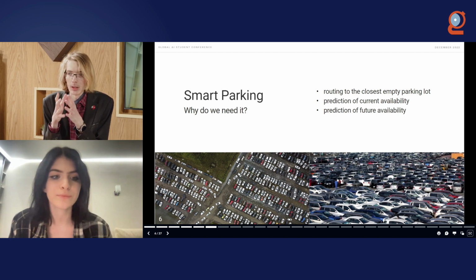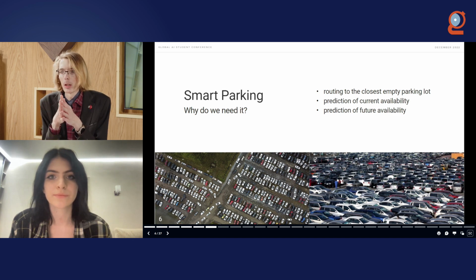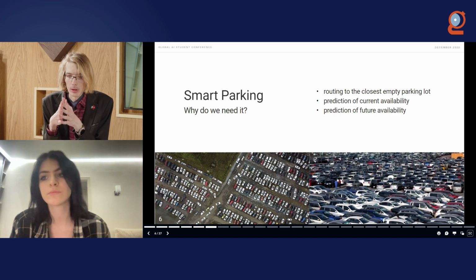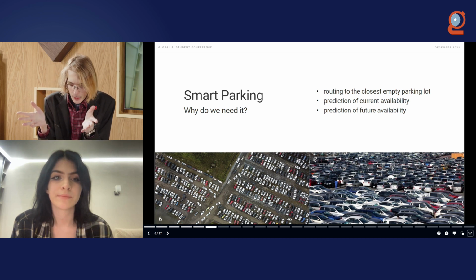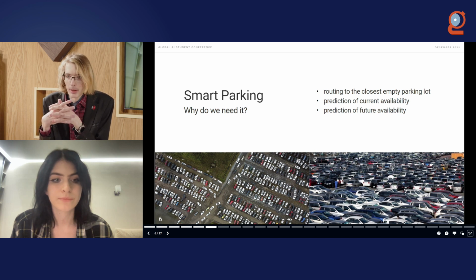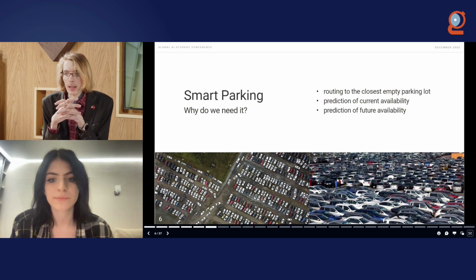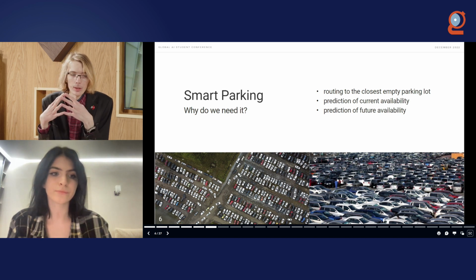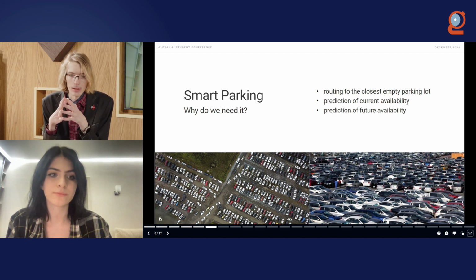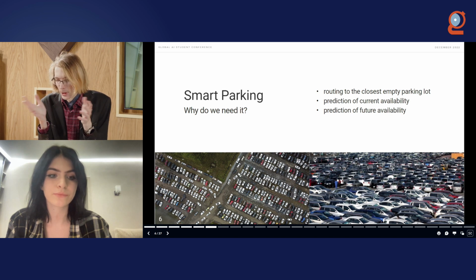Then we need to establish some route from the current user location to these observed free parking lots. And additionally, it will be extra beneficial to predict future availability of parking lots. Will they be empty after 10 minutes or 20, for example?